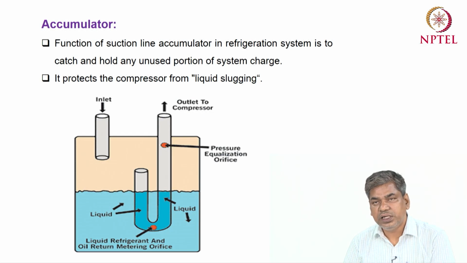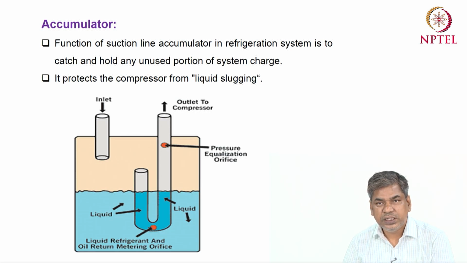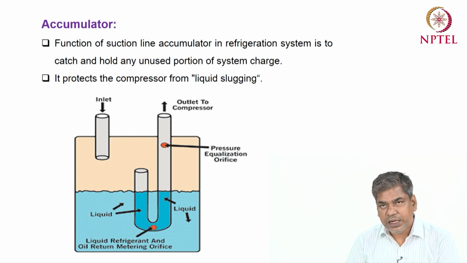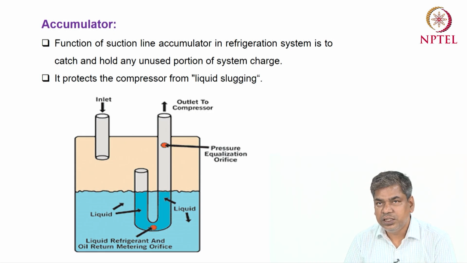After the evaporator, as shown in the figure, the refrigerant comes to this separator or accumulator. If the outlet of the evaporator is in the two-phase zone, that means liquid and vapor, then the accumulator can store that liquid, so that the liquid cannot go to the compressor.